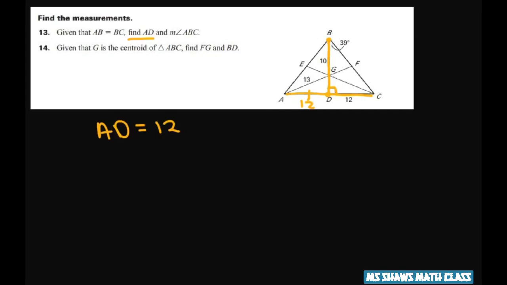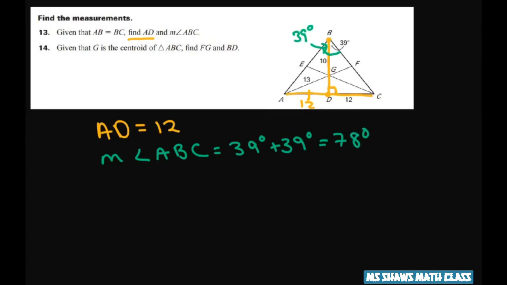Now for the measure of this whole angle, since it's perpendicular here, this is also 39 degrees. So the measure of angle ABC is merely you add those two up. And that gives you 78 degrees.